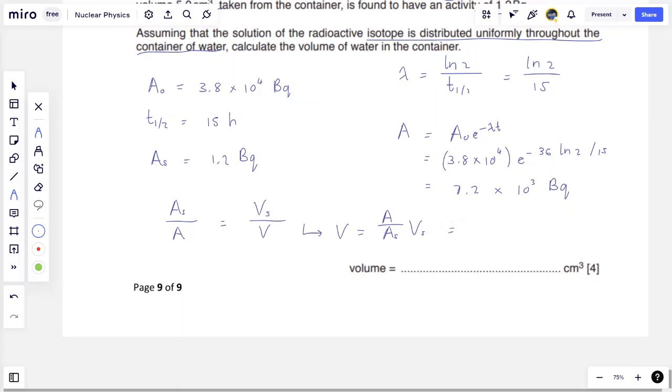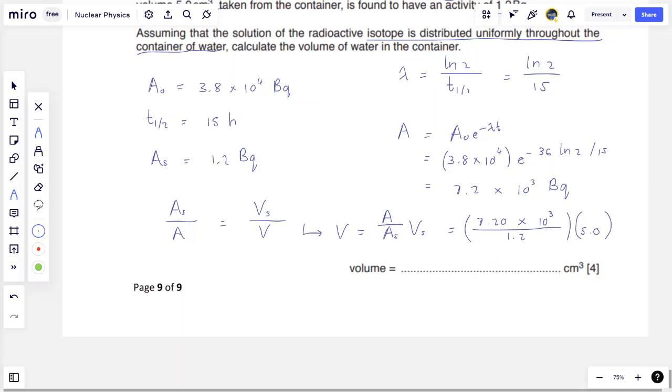I know all these values. This is 7.2, and obviously the amount of water is going to be huge because it did a lot of diluting to go from 7,200 to 1.2. So 7.2 times 10 to the power 3 divided by 1.2 and all of this multiplied by 5 cubic centimeters.